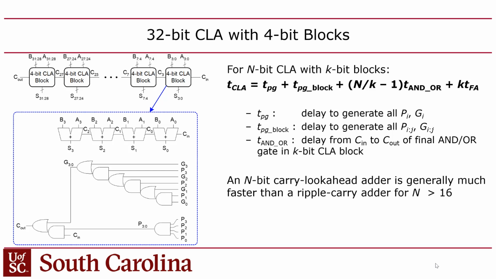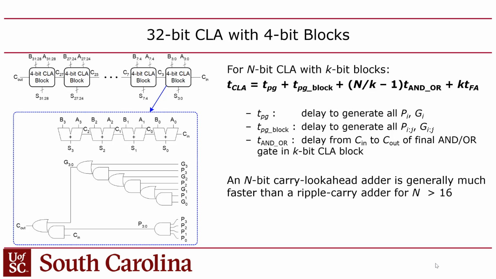Because the goal is to be able to calculate the carry in that's in between these two groups of 4 bits. Does that make sense? So that would allow us to basically cut this wire the way it's currently set up as the carry out of bit 3 into the carry in of bit 4.